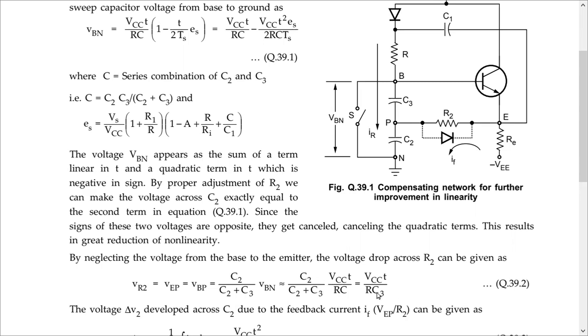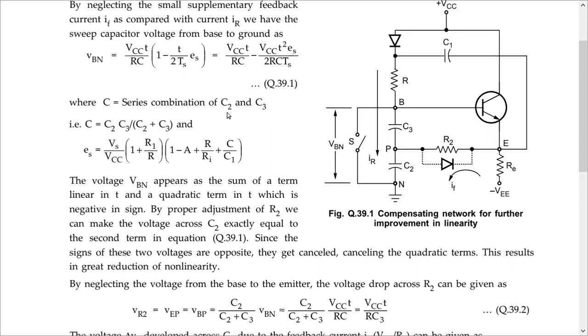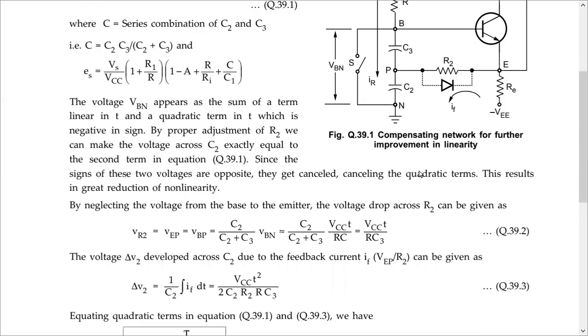That will cancel out, only C3 will remain. So this will be the expression for the voltage drop across R2, which we supply so that this error term is cancelled out and we get improved linearity. So this is about the voltage time-based circuits.